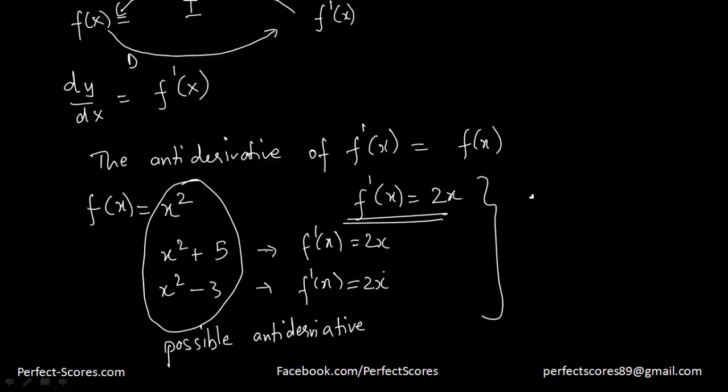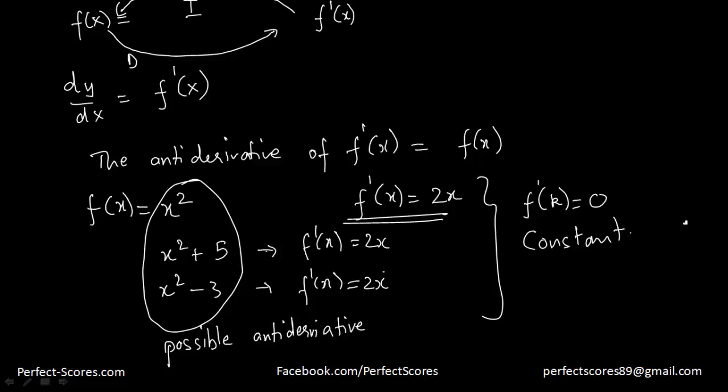Why is that? Because the derivative of a constant is 0, right? Since the derivative of a constant is 0, once we find the derivative of a function, we completely ignore the constants, which is why once we go back from the derivative to the real function, we miss out on the constants. So constants are something which we miss out on.